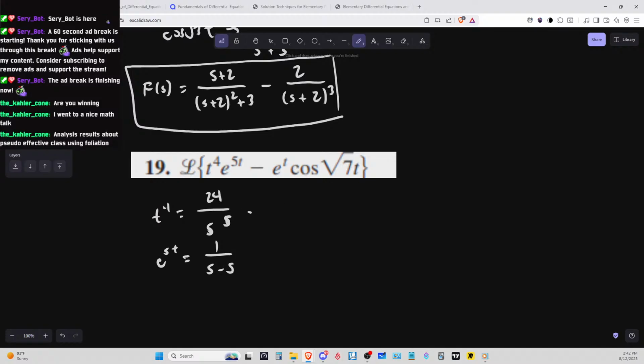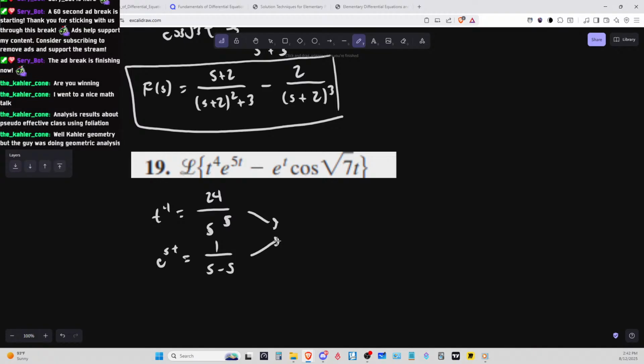So together, they would form 24 over s to the 5th, and we have e to the t, which is 1 over s minus 1.